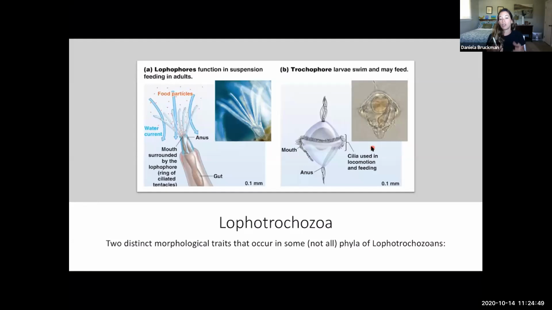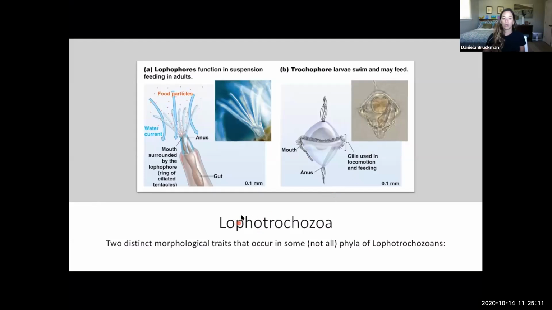So the name Lophotrochozoa is definitely phylogenetically meaningful. It refers to a specific clade of animals. And it refers to two specific anatomical features that annoyingly aren't actually found in every single type of Lophotrochozoan, but are found in some of them. And so this name just is what stuck.